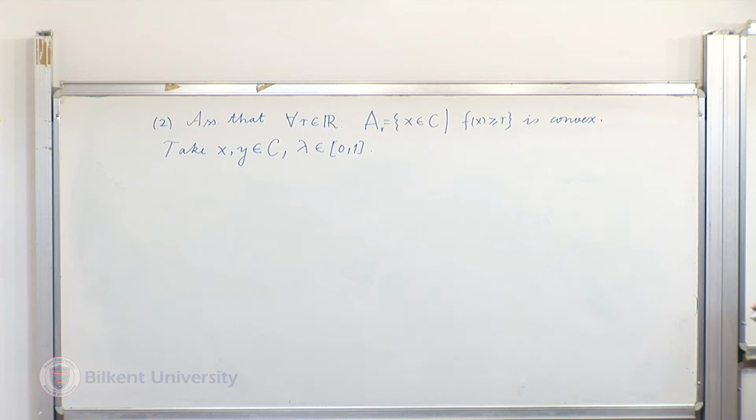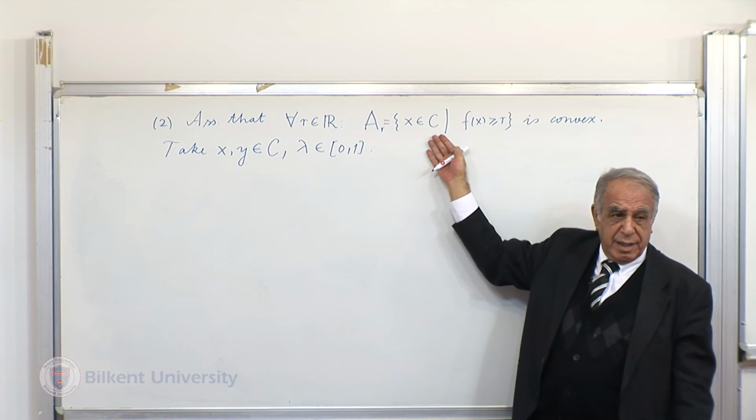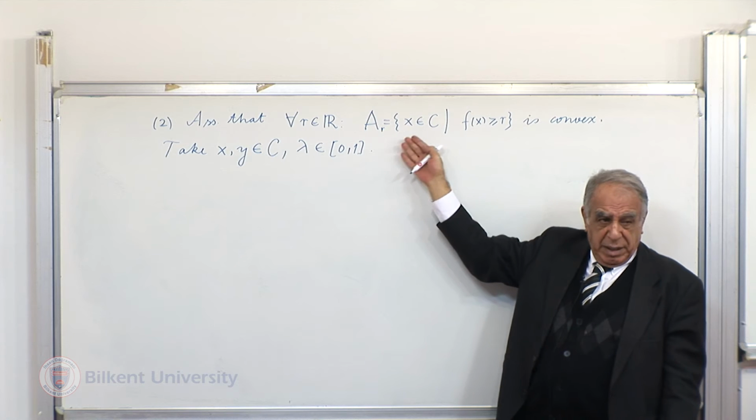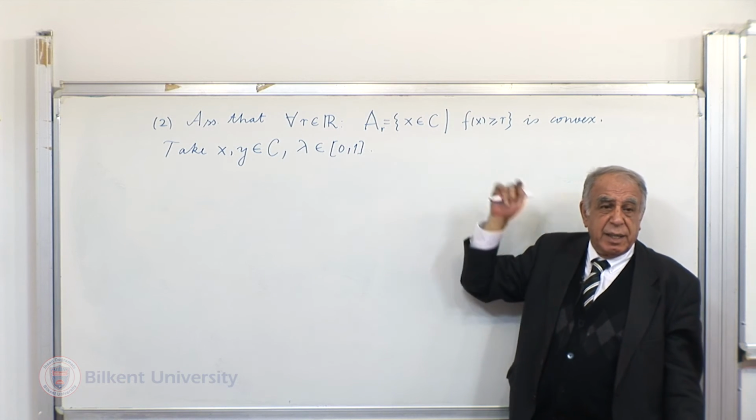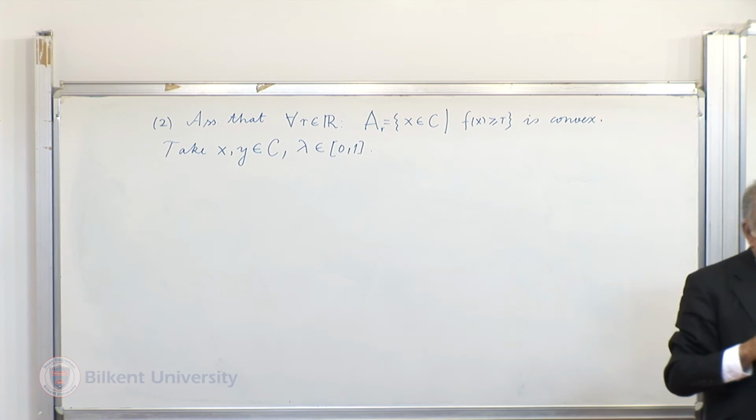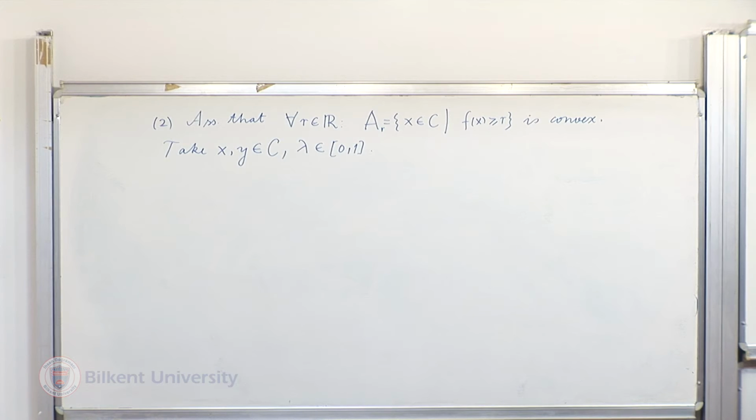And I will use the convexity of these sets. But these are for all R. What R seems to be appropriate here? Just the minimum of f of x and f of y.